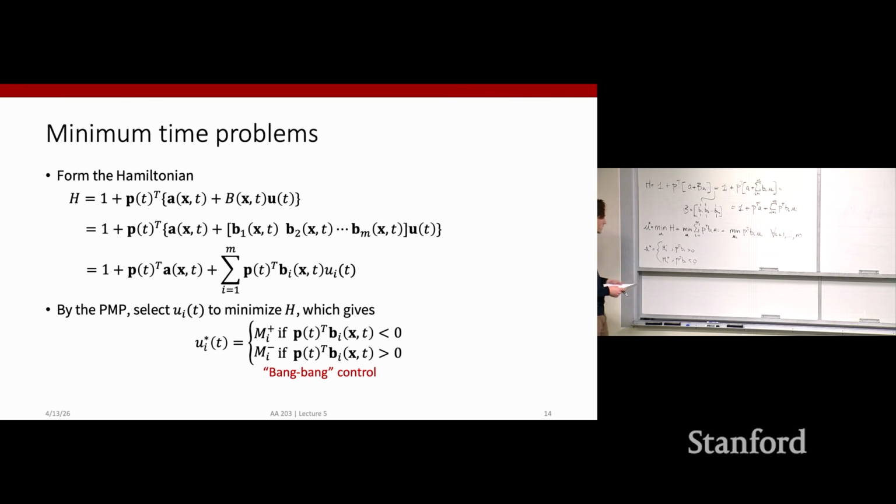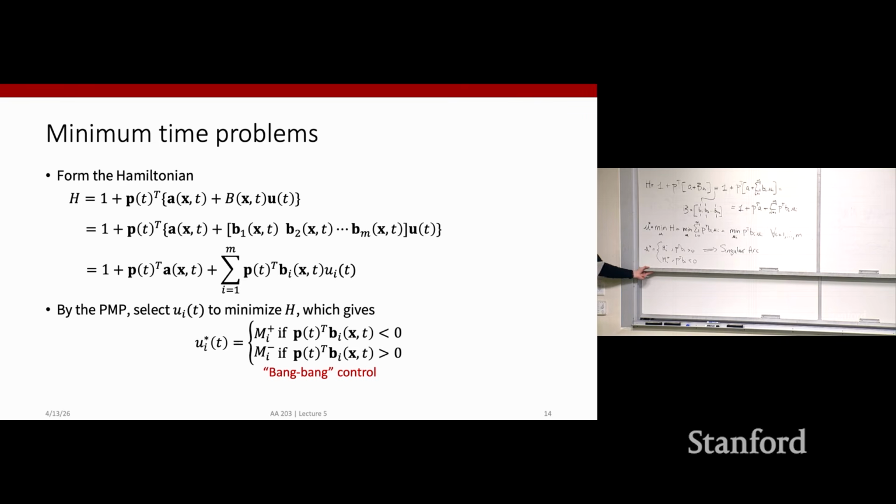This is referred to as singular arcs or singular conditions, where the optimality conditions do not give us any information about the optimal control u.